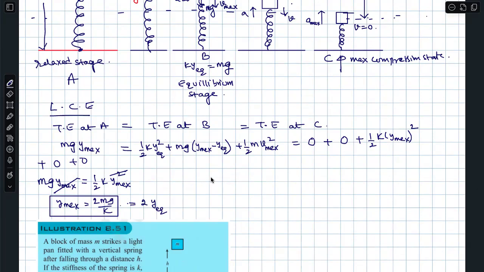If you want maximum velocity at the equilibrium point, again, you use any of these two equations. mg y max is half k y equilibrium square plus mg (y max minus y equilibrium) plus half m v maximum square.